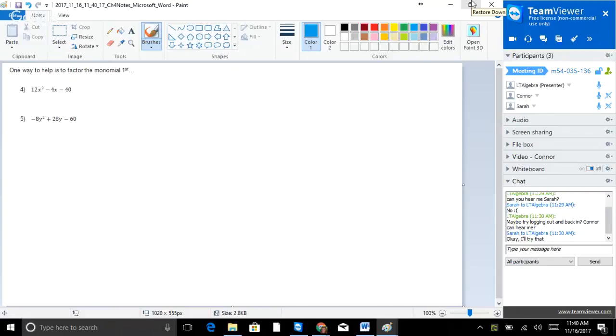All right, let's look at this a little more closely, because if you notice, everything in number 4 has something in common. I have 12x squared minus 4x minus 40.